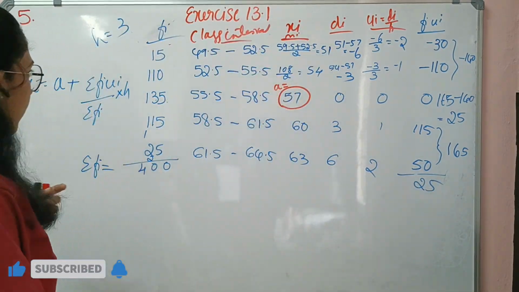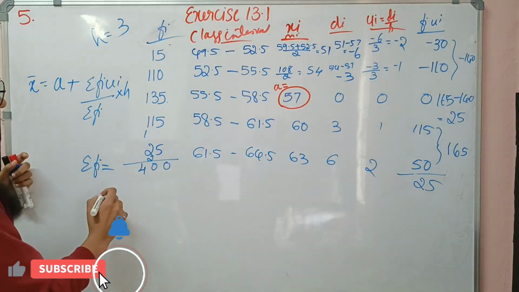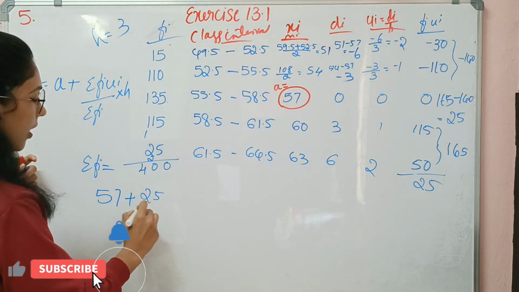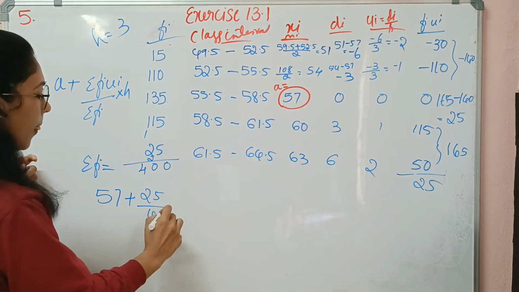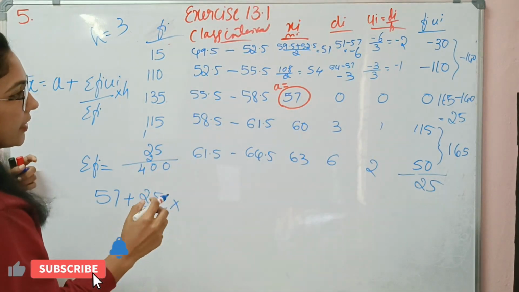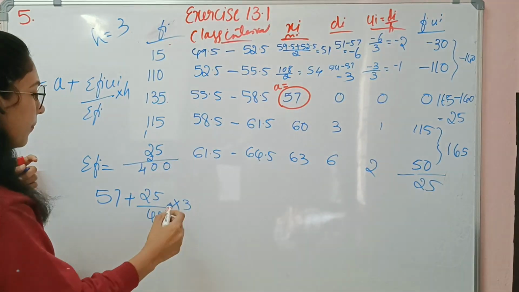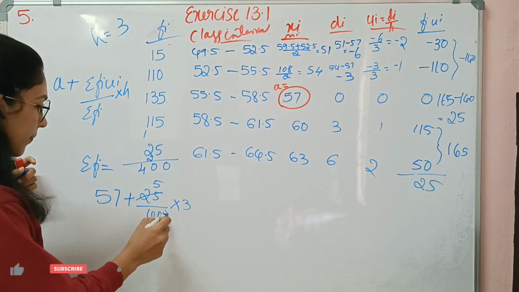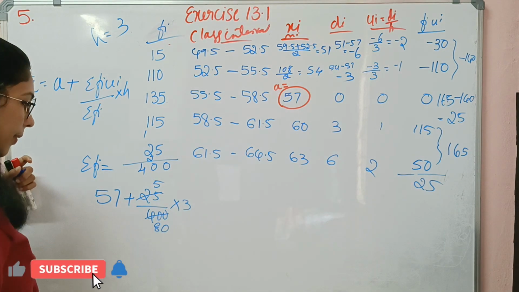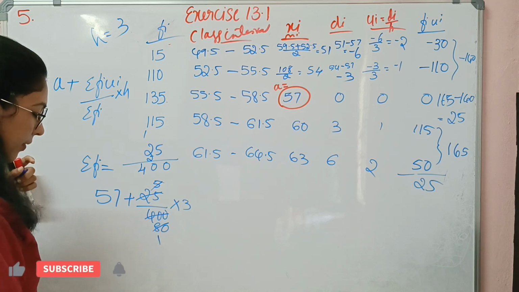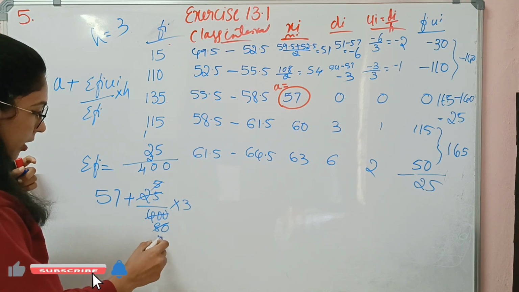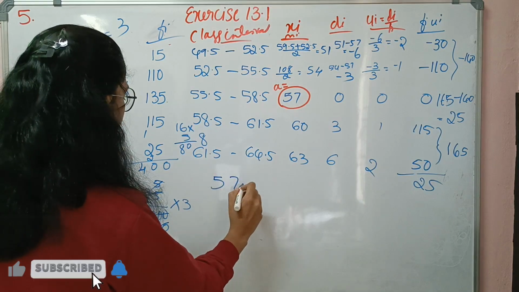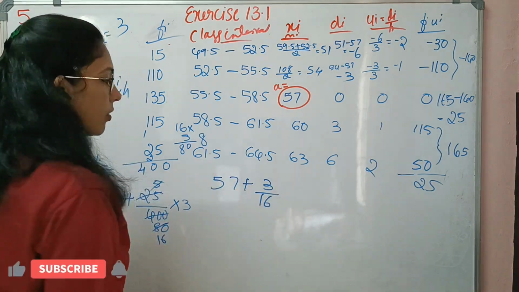Now substitute all the values in this equation. Assumed mean is 57 plus summation fi ui is 25 upon summation fi is 400, into class difference h, that is 3. So that is 57 plus 3 upon 16.